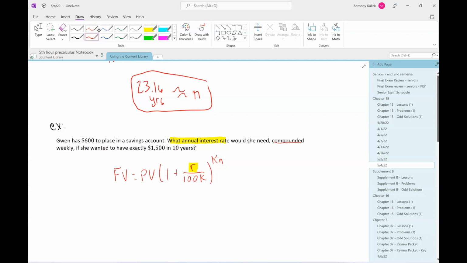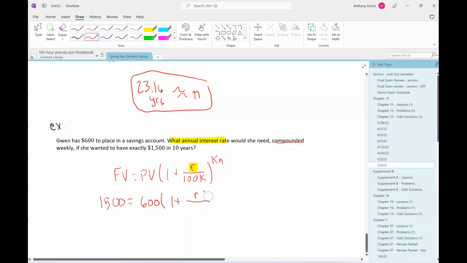What is our FV? Yeah, 1,500. The PV? 600. Okay. The r is our decimal, or our variable. What's our k?